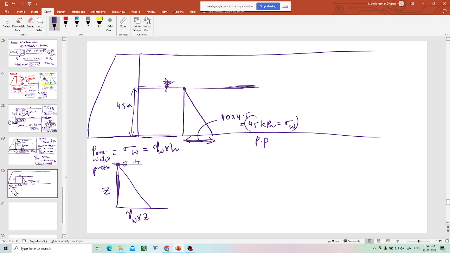Because if you know Pascal's law, at any point the water pressure in every direction is equal. That is called isotropic condition of the pressure. For a particular point, the pressure is the same in every direction.